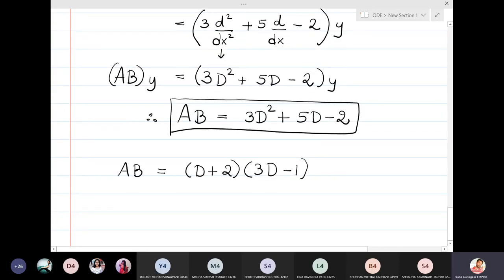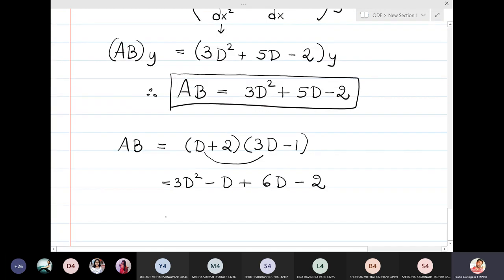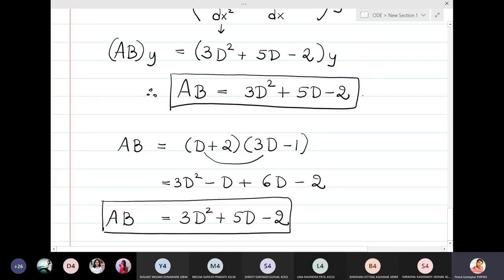If you simply solve this also, D into 3D is 3D square, minus D, plus 6D minus 2, which is 3D square plus 5D minus 2. So this is AB, which is the same answer as we got in the detailed calculation above. Okay, so I can even do this.